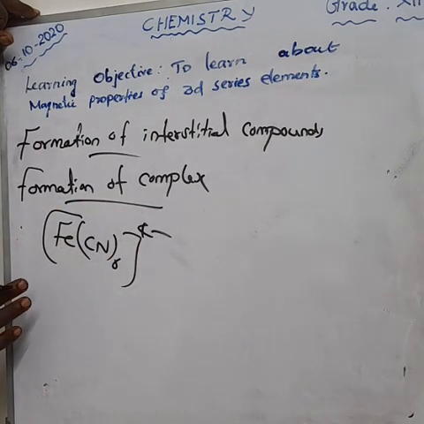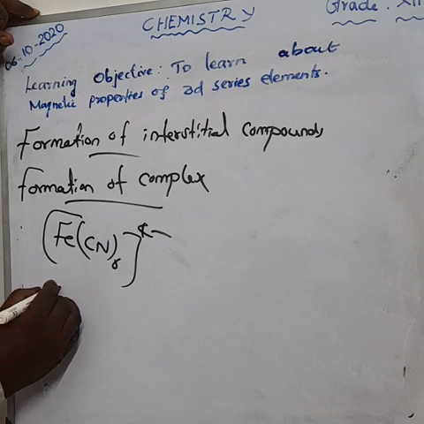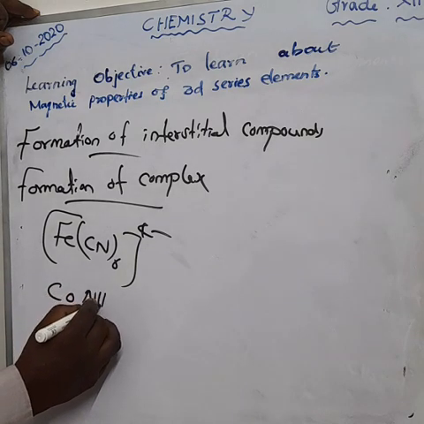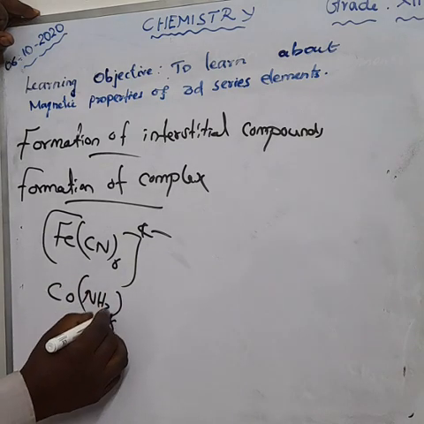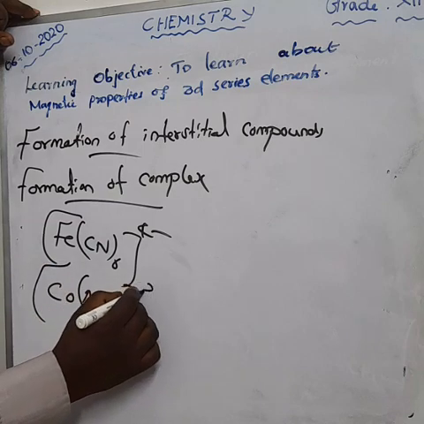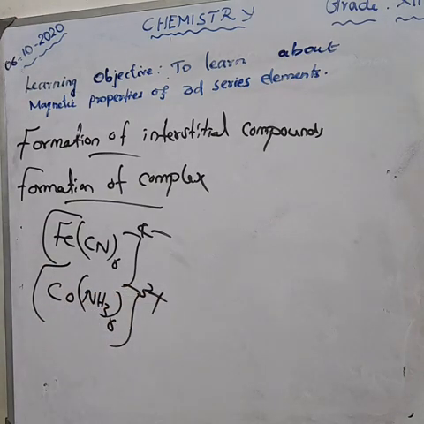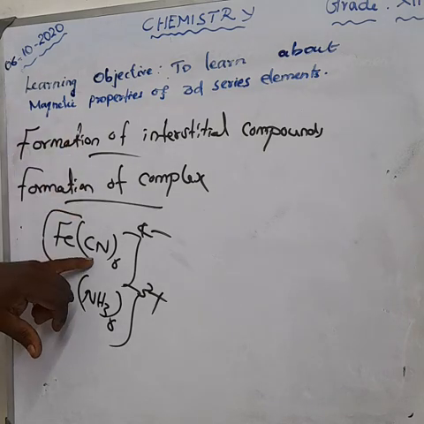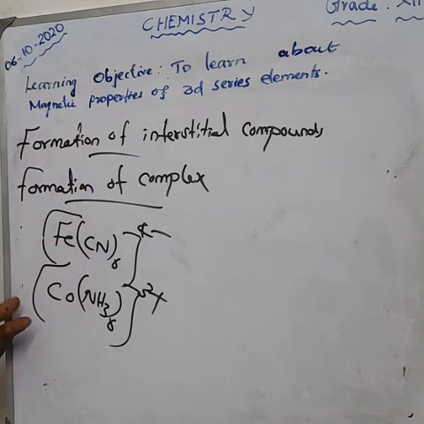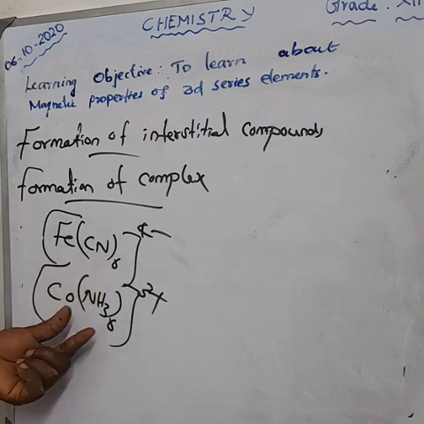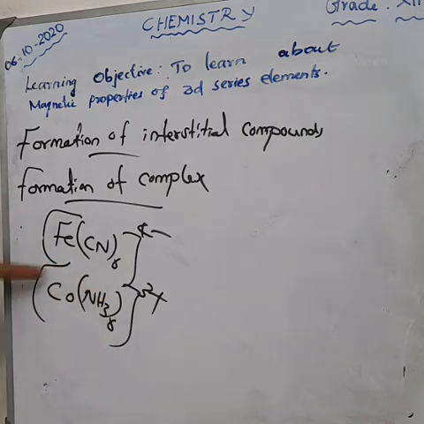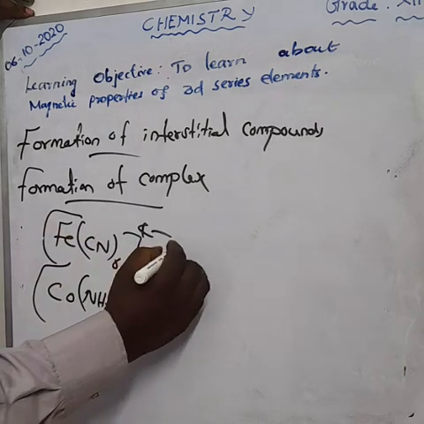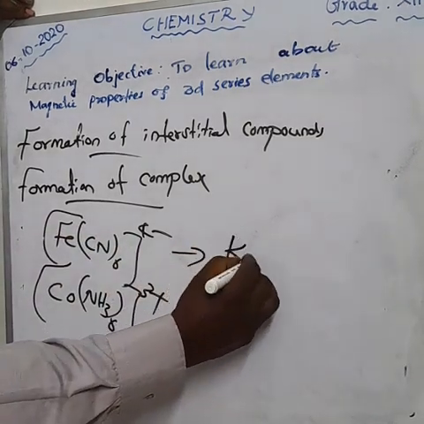Okay, this is one of the examples, and also we are taking cobalt with NH3. The 3d series having iron, iron makes a complex with the help of cyanide, and cobalt also makes a complex with the help of ammonia.